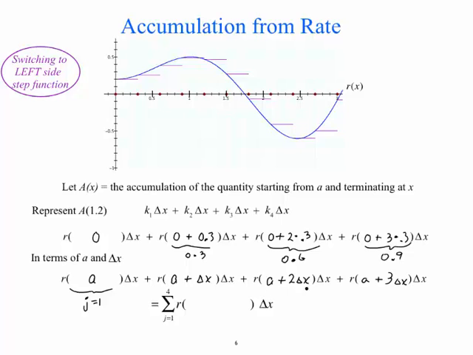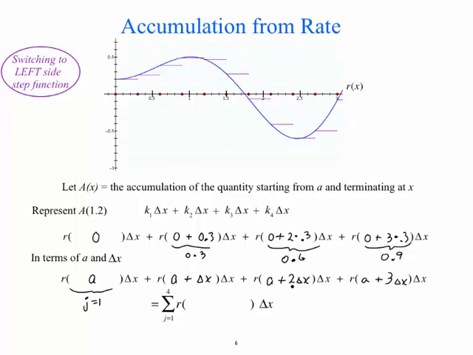In the third interval, we add 2 delta x's. In the fourth interval, we add 3 delta x's. So how many delta x's do we add to get to the jth interval? Always 1 less.